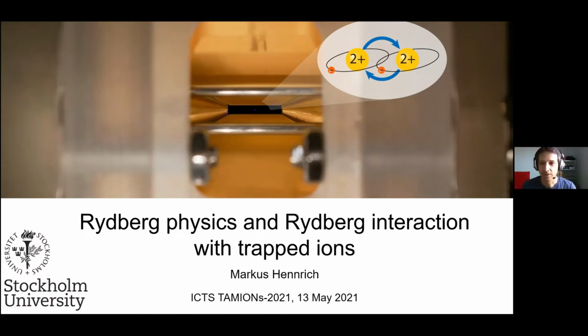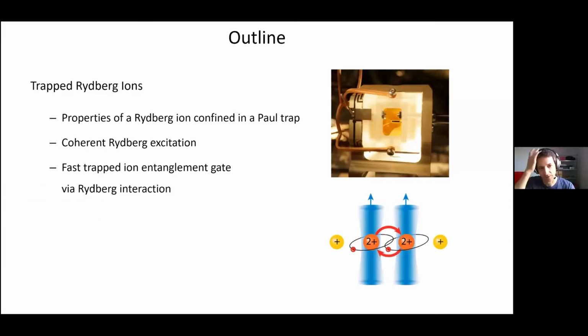Okay, so talking about Rydberg physics in an ion trap, I want to give a short outline of what I will be presenting. Of course, putting Rydberg atoms, as Tim and Paul already introduced, into the strong electric field of a Paul trap leads to quite a lot of new and interesting physics.